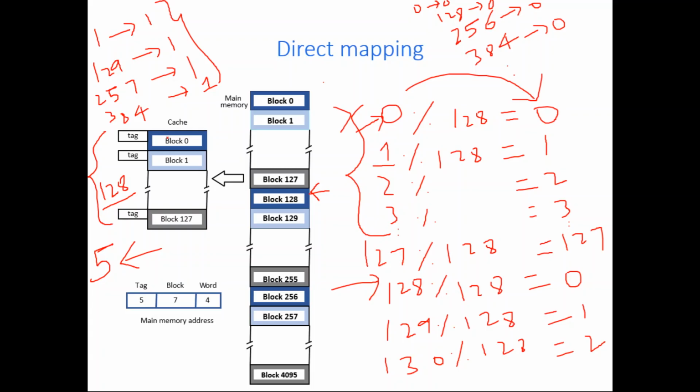There is sufficient space available in the cache memory. But still you may face a problem, because multiple blocks of main memory are mapping to the same block of the cache memory.